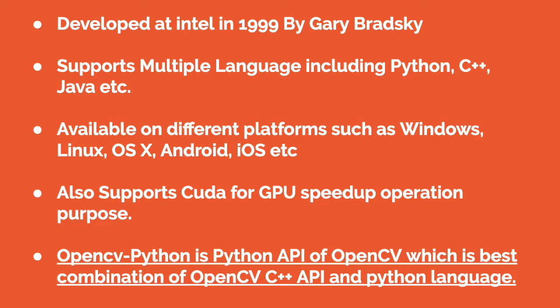You can say Android is built on Java, now Kotlin, but before that it was supporting the Java language. So Android supports OpenCV, all the functionality, as do Windows, Linux, OS X, iOS, etc. All platforms support OpenCV.